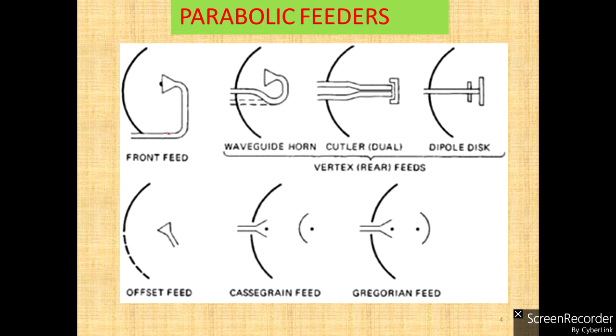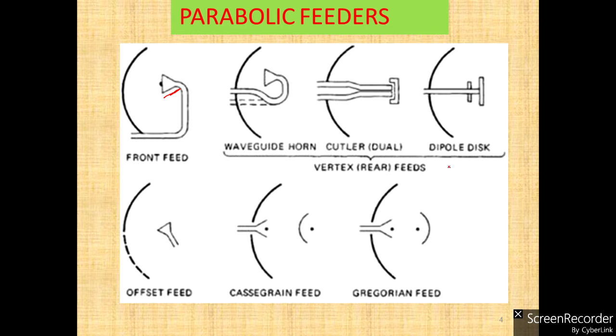So we have a horn antenna. This is your horn, and this is your parabolic reflector. So this is your front feed. Then the waveguide horn feed, which comes from the center. And then next we can see the Cutler feed.